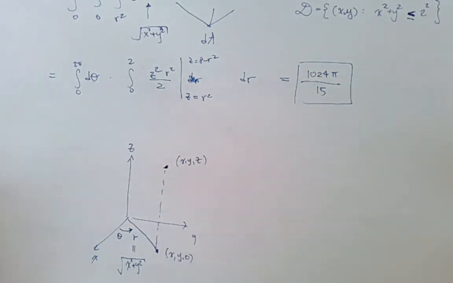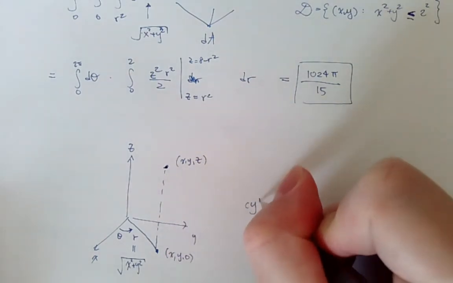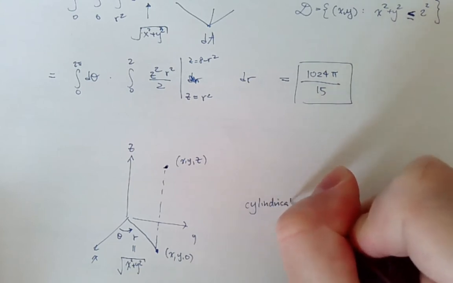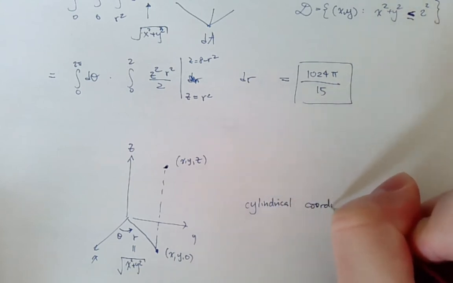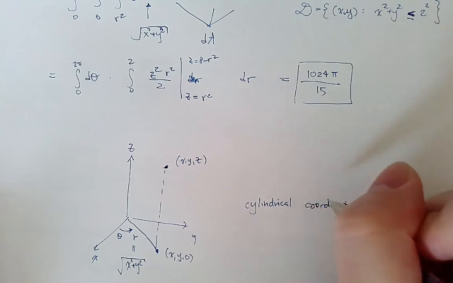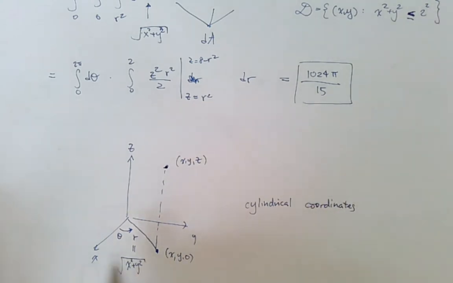And then we still go up there using z. This is called cylindrical coordinates, which is simply polar coordinates in the xy plane, and then we add on a z to get a height.